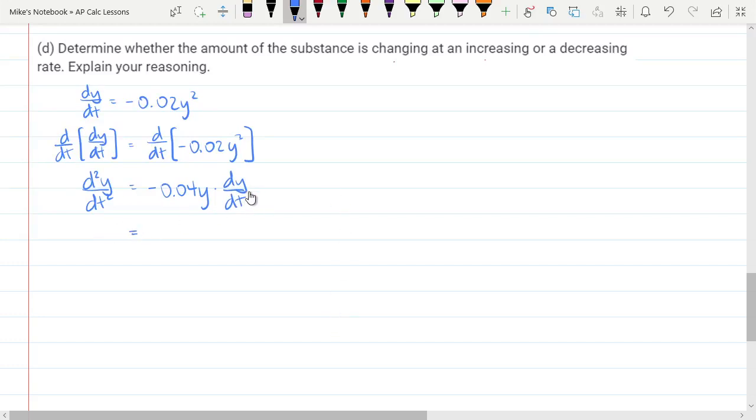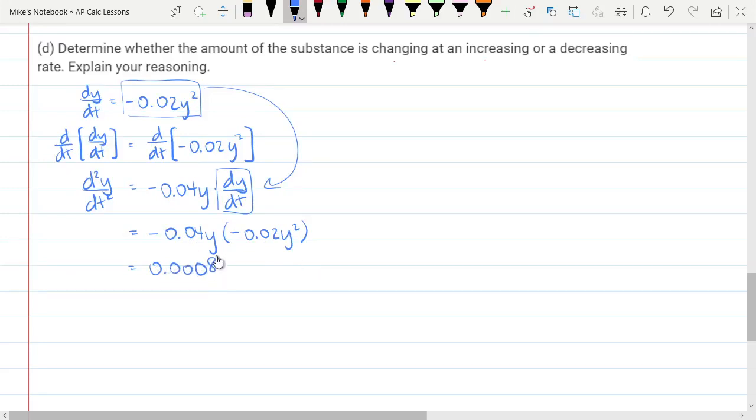But remember, we already know that dy dt is equal to negative 0.02y squared. So I can substitute. So I get negative 0.04y times negative 0.02y squared. And when I multiply those together, this is going to become a positive 0.0008 y to the third.